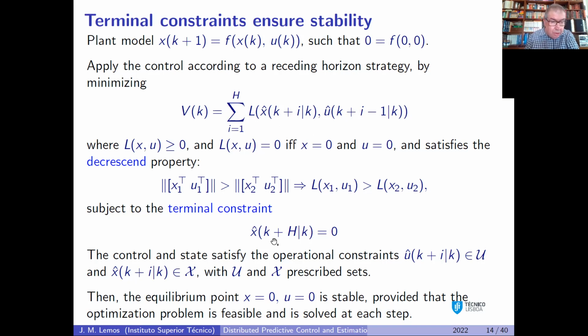But I'm going to impose a terminal constraint. That's the big trick. So I'm imposing that the last state, the state at the end of the horizon, will be 0. So I do the optimization under this constraint.